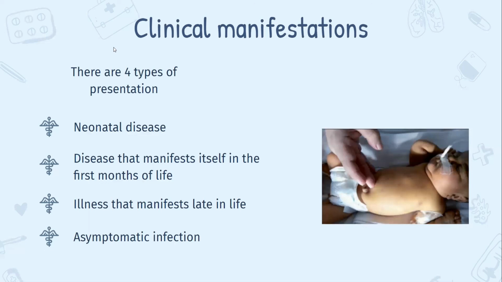The disease that manifests late in life frequently presents as chorioretinitis and, less frequently, with neurological symptoms such as seizures or hydrocephalus due to aqueduct stenosis. And last, the asymptomatic infection.